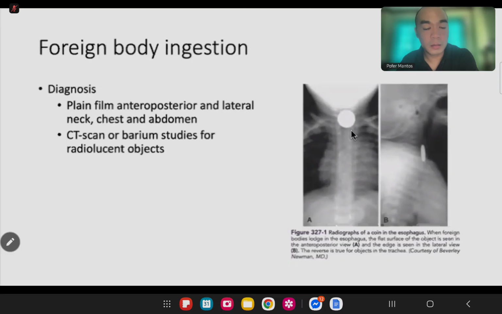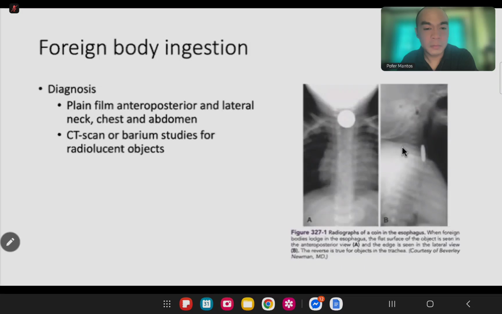As you can see here, this is a child with ingestion. There's a foreign body lodged in the esophagus. Usually the flat surface of the object is seen on the anteroposterior view, and the edge is seen in the lateral view.